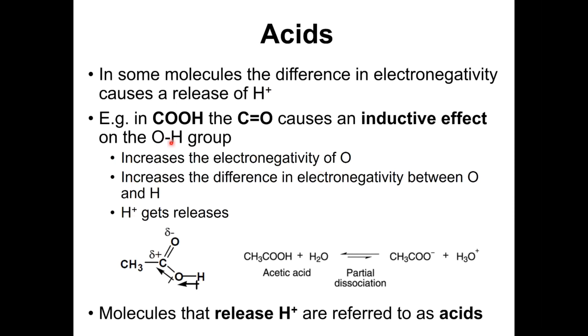Here you have an example of this group. This is called the carboxyl group. We'll talk about that in the next lecture. But briefly, this structure is made by a carbon with a double bond to an oxygen, with a polar bond here. And then this is attached to an oxygen, which is then attached to a hydrogen.